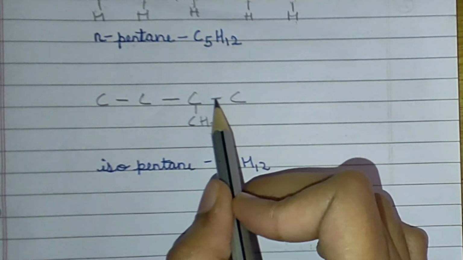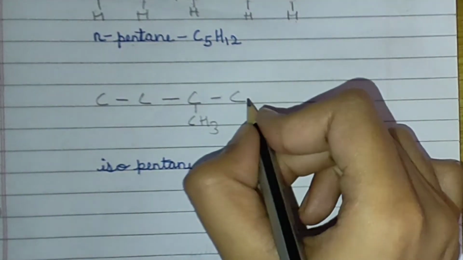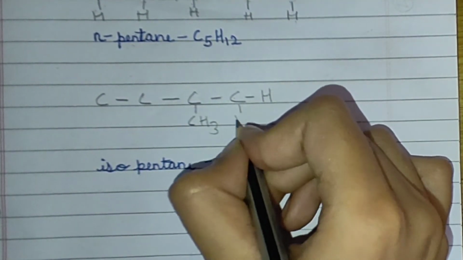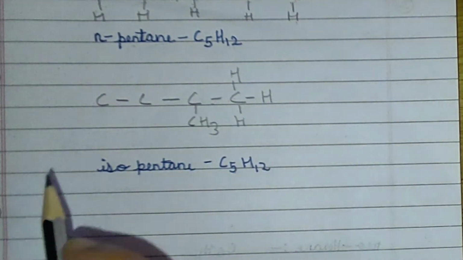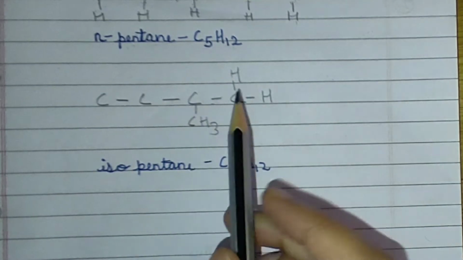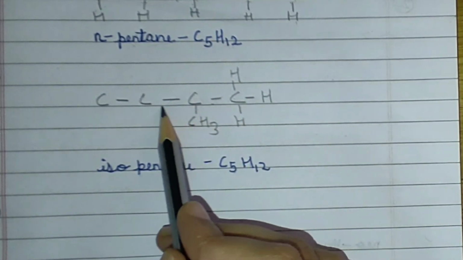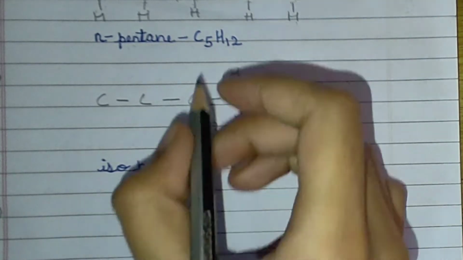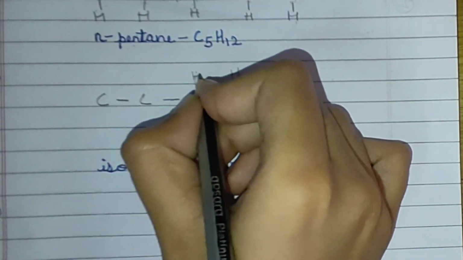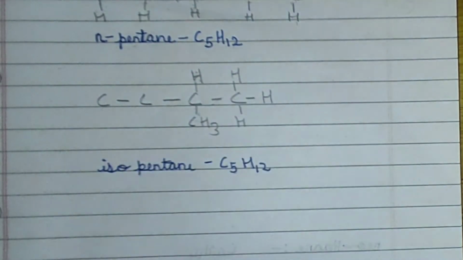So this has one bond with this carbon atom, so it needs 3 more. So 1, 2, 3 and 4. 1, 2, 3, 4. Done. Now the second carbon atom has one bond here, one bond here, and one bond here. So it has 3 bonds, so it needs 1 more. 1, 2, 3, 4.